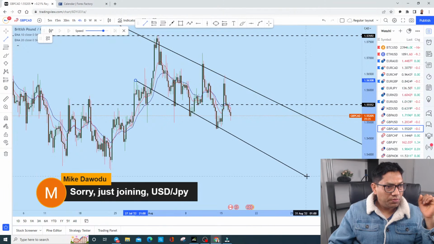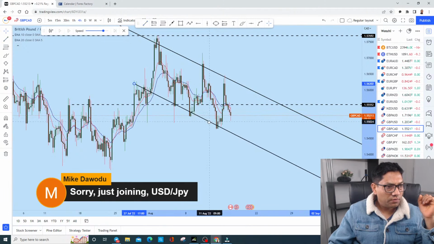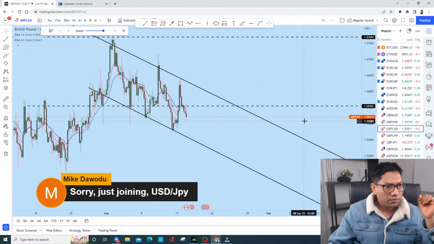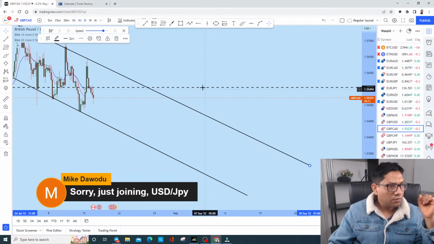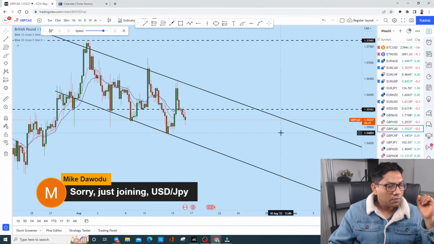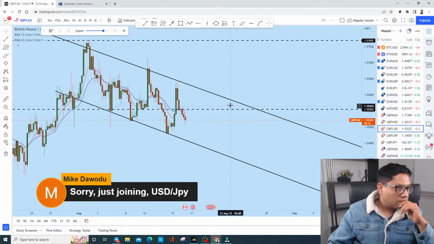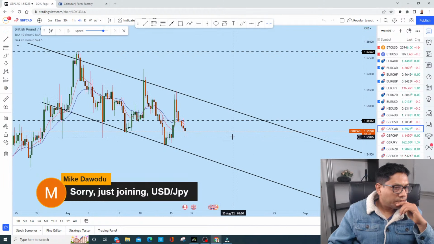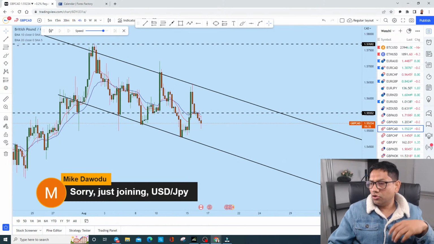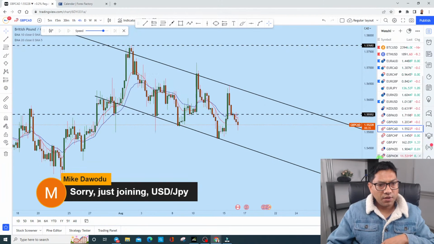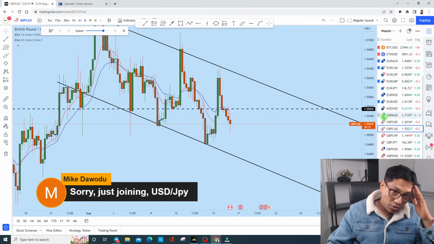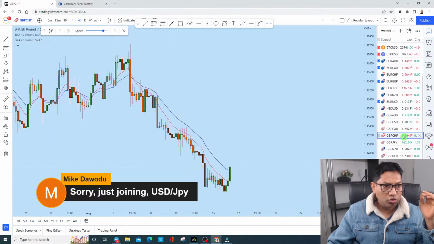There is a channel on GBP CAD. If we draw this channel, I think GBP CAD will continue to drop from this zone because GBP is getting weaker after the news announcement. CAD got a little bit stronger. GBP is weaker, so GBP CAD might continue to drop.